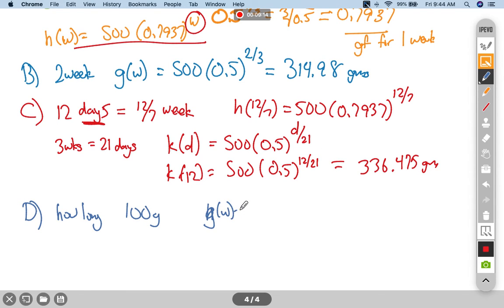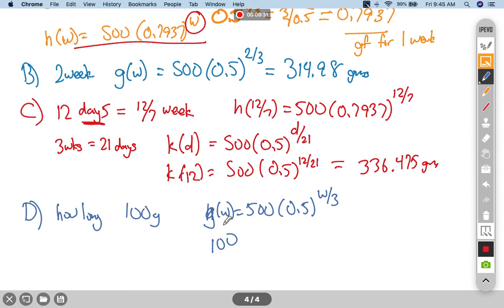G of W is 500 times 0.5 to the weeks over 3. Now, when I was giving you the time, I could plug that in for weeks or days. But here I'm giving you amount. That's what the answer to the function is.